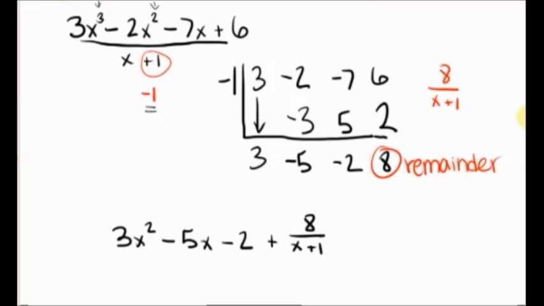Now, there are times where a problem will not have 3x squared and 2x squared, all of the numbers. They'll show up like this. Say there's 2x to the power of 3 minus 5x minus 7 over x plus 2. I'm sorry, it's x minus 2.